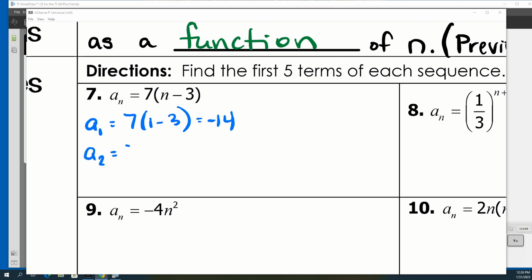And then to find the second term, I'm just going to plug 2 in for n. And inside these parentheses, I get negative 1 times 7 is negative 7. All right, and then for the third term, I'll plug in 3.